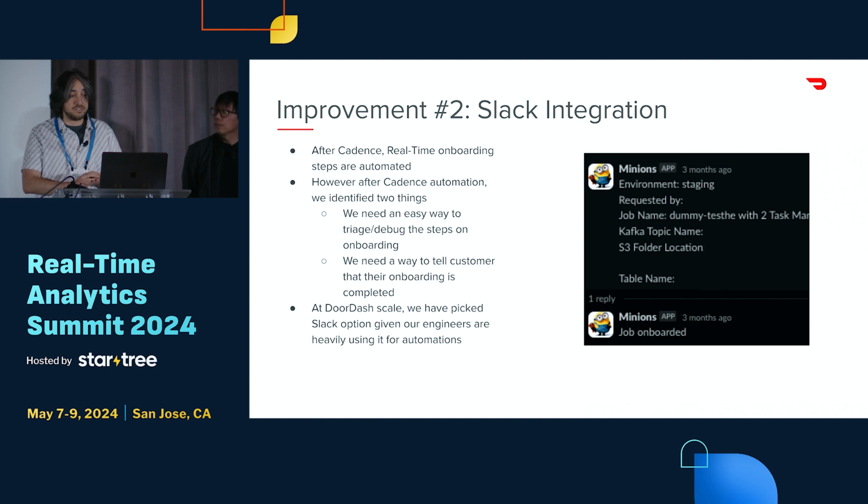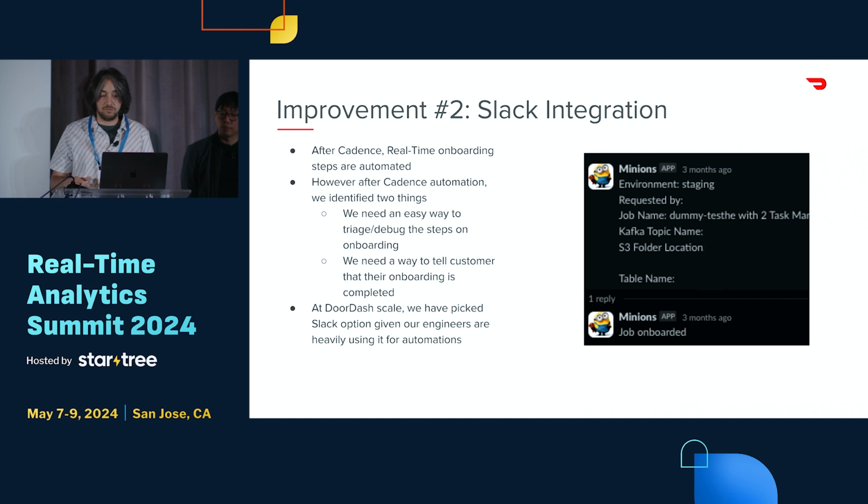The next item we had in mind was: we now have automation, but it's not easy for the end user to see where the automation is and where the onboarding step is. Also, when onboarding fails in some step, the Cadence UI is easy, but we wanted an easy way to understand with one peek where the onboarding failed.